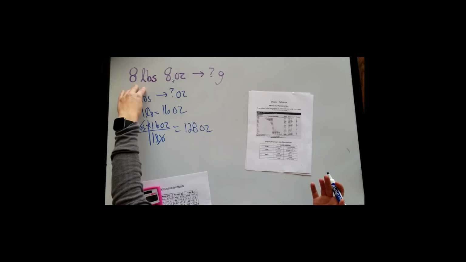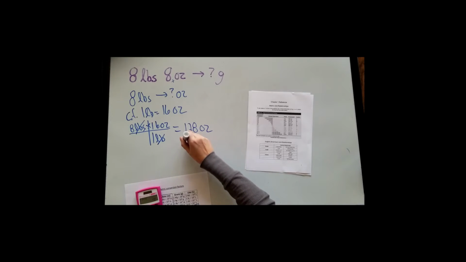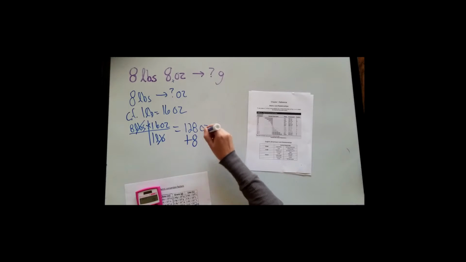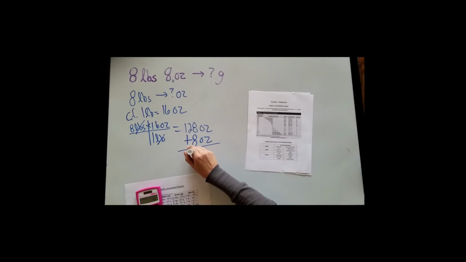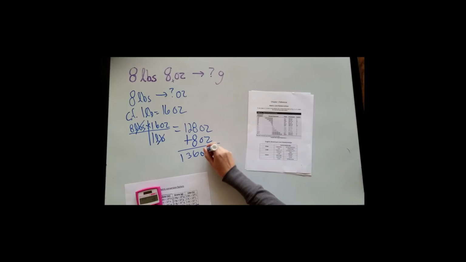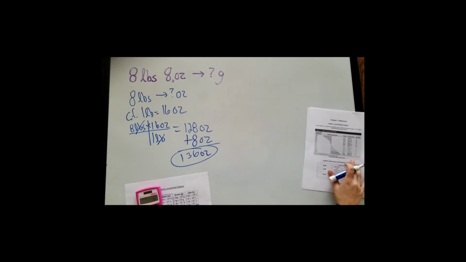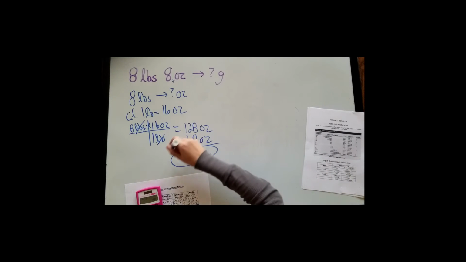Because they were 8 pounds and 8 ounces. So I need to make sure that I'm adding those extra 8 ounces to the pounds I just converted. So this is the total ounces of that infant. So this is what I'm going to start with when I'm converting.